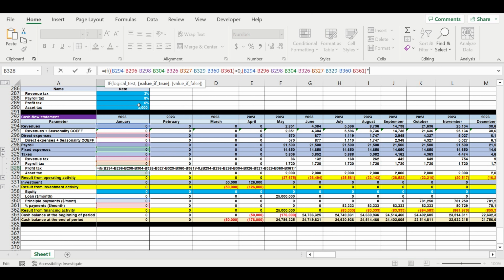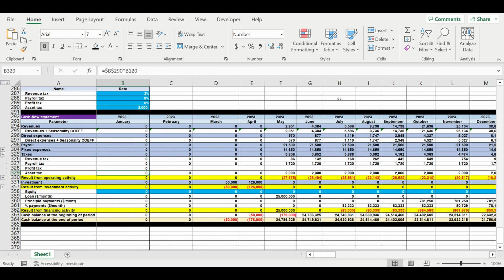So the profit tax rate is located here. We are freezing this cell. So if this is more than 0, then we calculate the tax. Otherwise 0, then we are closing brackets.